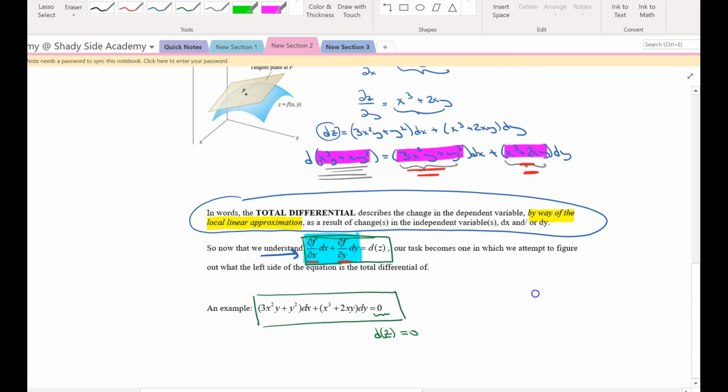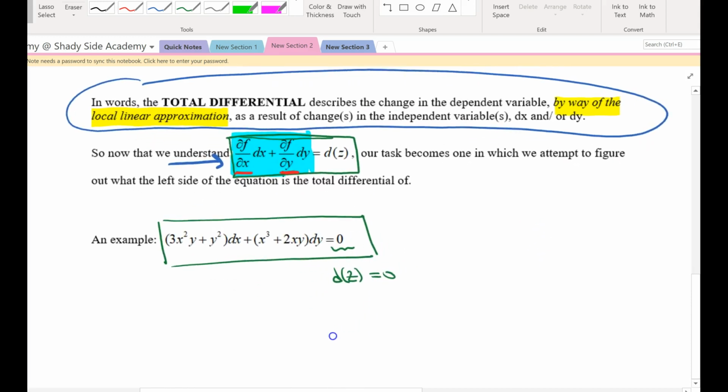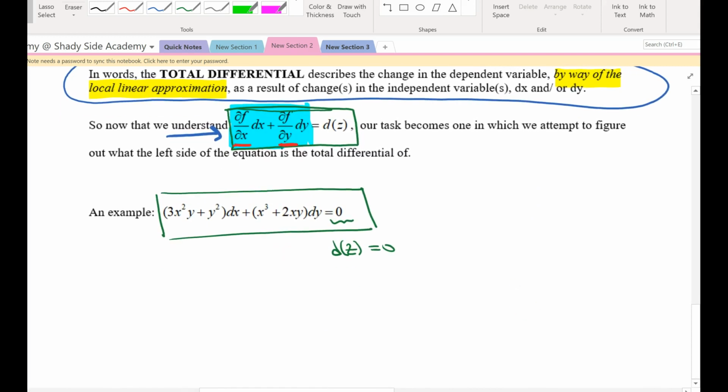Let's work this out very, very slowly. So here is the question. This left-hand side is the total differential of some function of x and y.